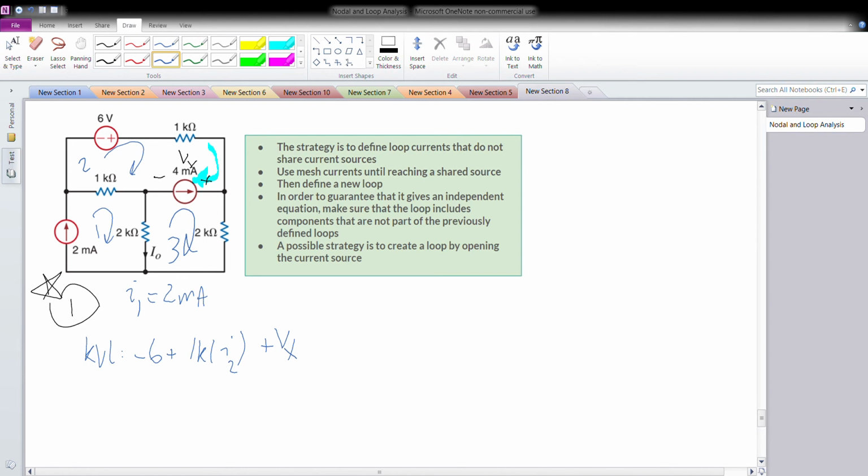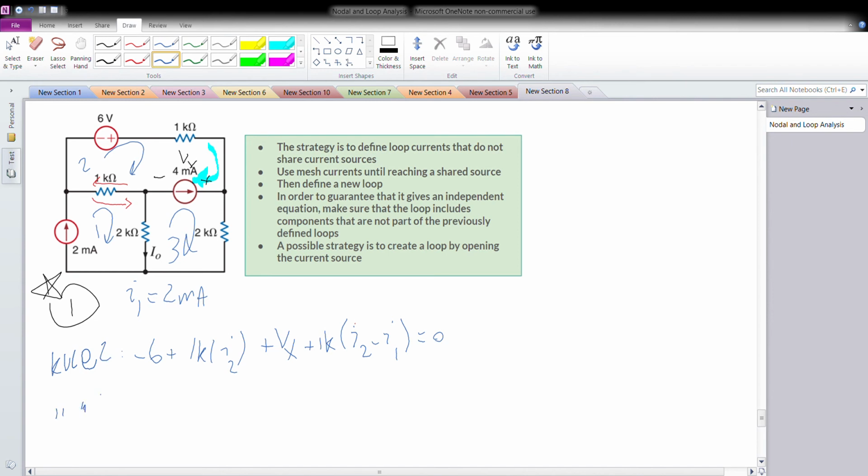Then I get to this 1K that's shared between loop 2 and 1. Because the currents are going in opposite directions, it's going to be I2 minus I1 equals 0. So that's KVL at 2.